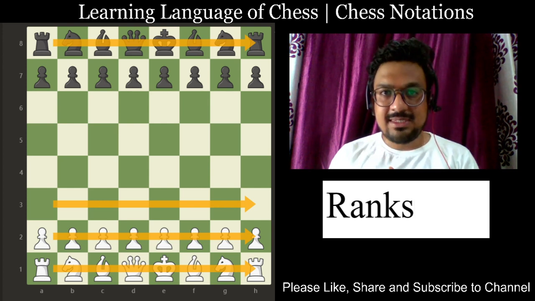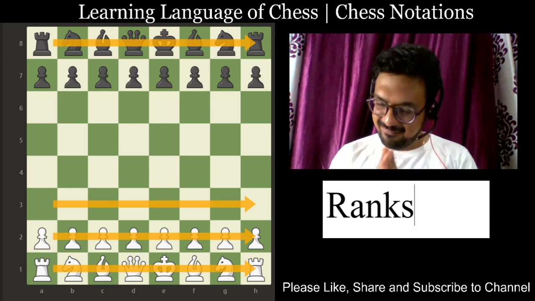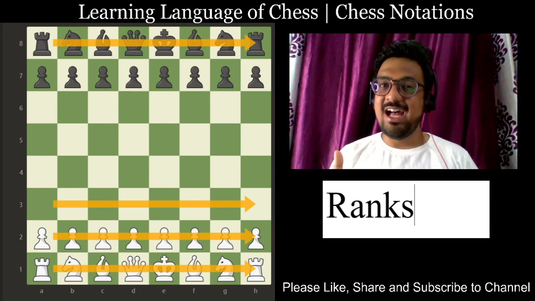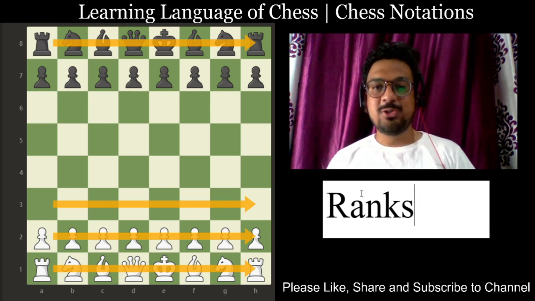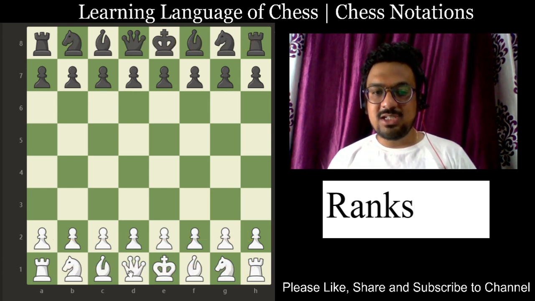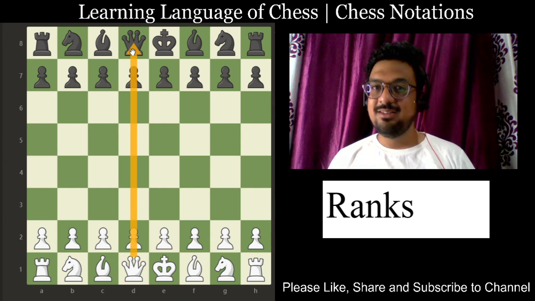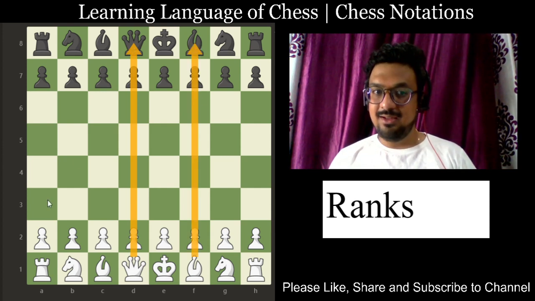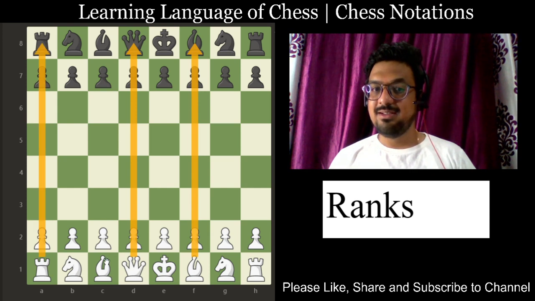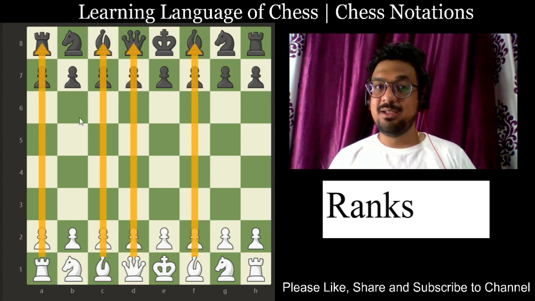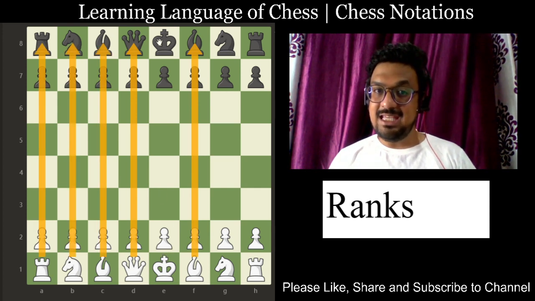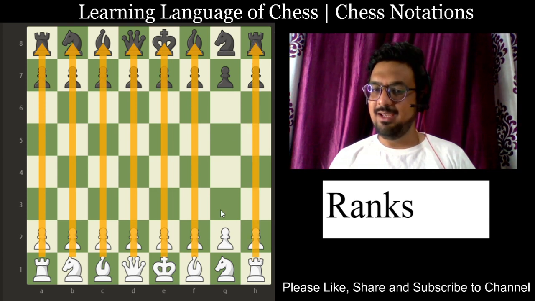These are the first and most important concepts in understanding the language of chess. The columns are called files and the rows are called ranks. So let's try to understand. Which is this file? Right, this is the D file, F file, A file, C file, B file, E file, H file, which is the remaining one?